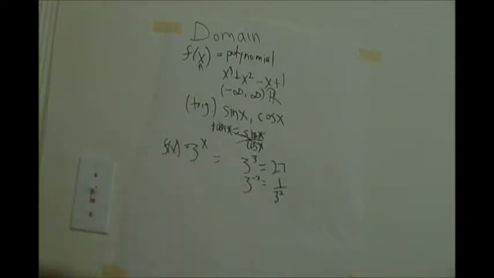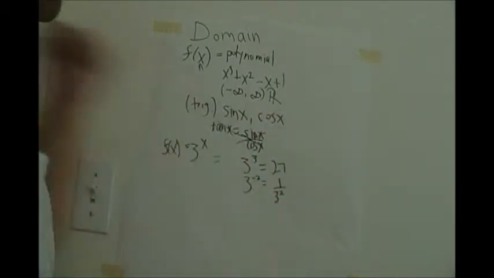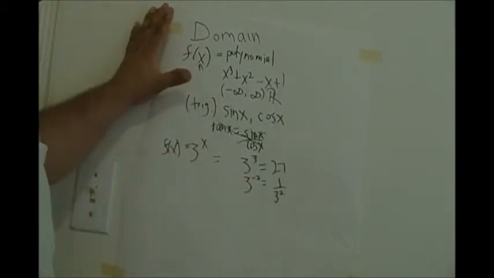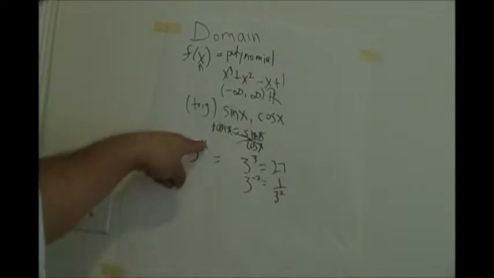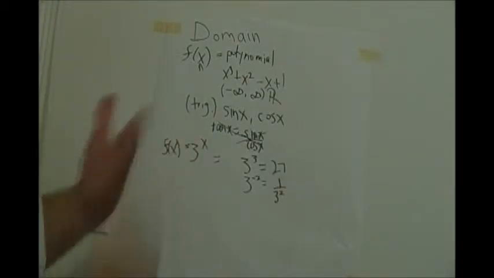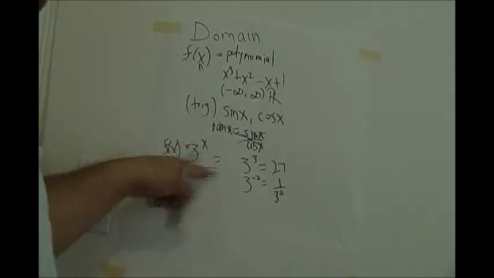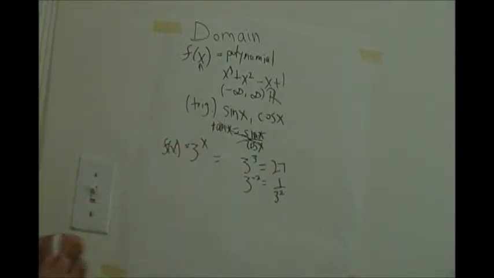But it never reaches 0. But we're talking about domains, so technically we can still plug in any number into x and get a value. So this is also a continuous function.